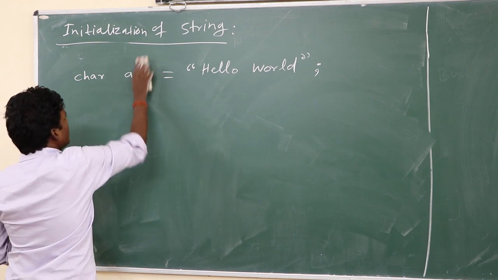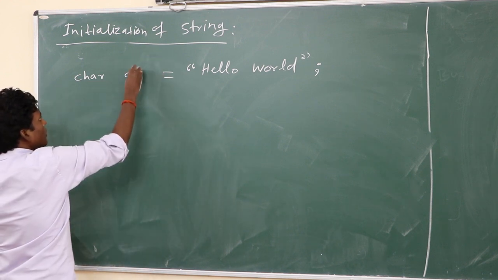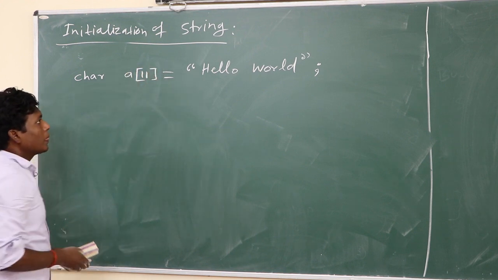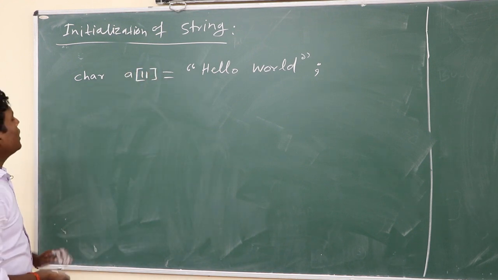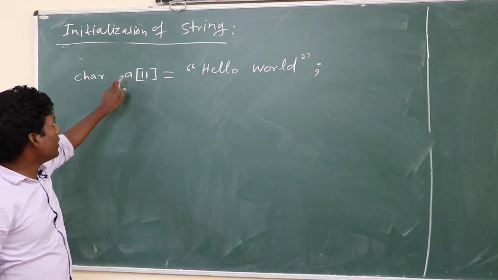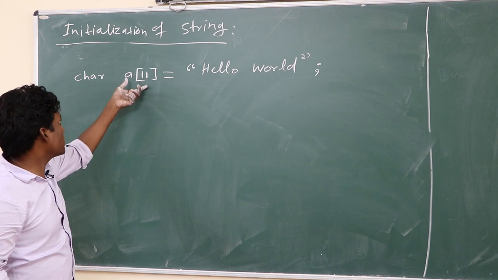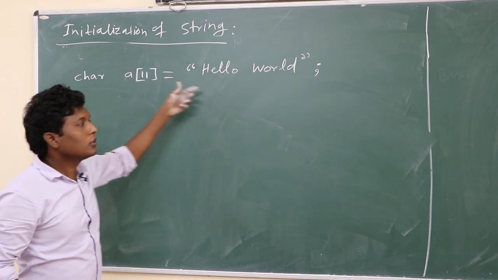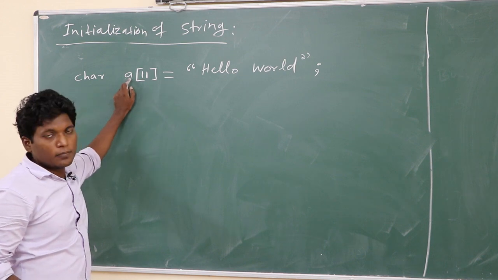Class, a is an array, a is a string. Here we declare the string a and assign the constant to array a.